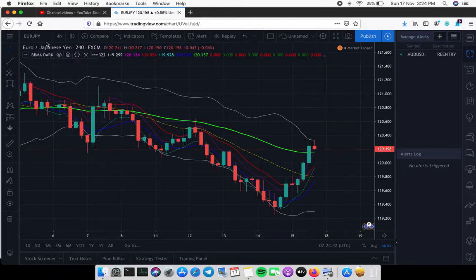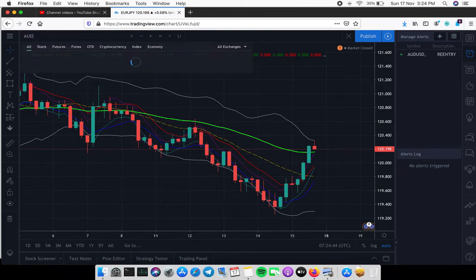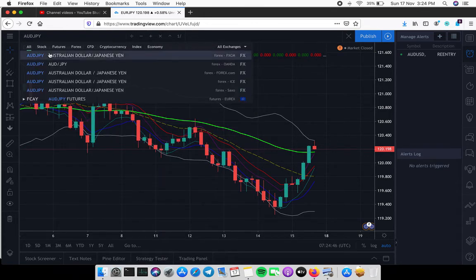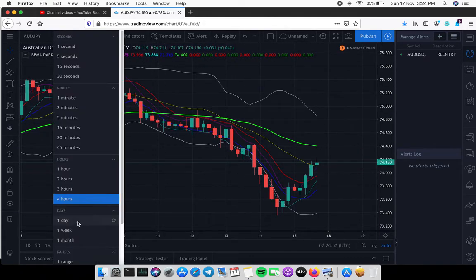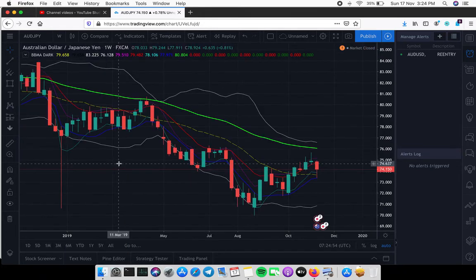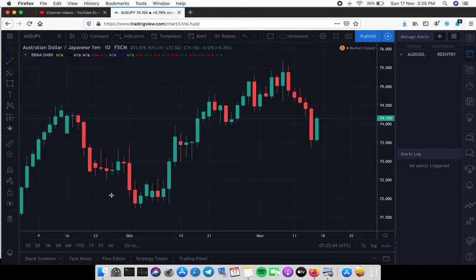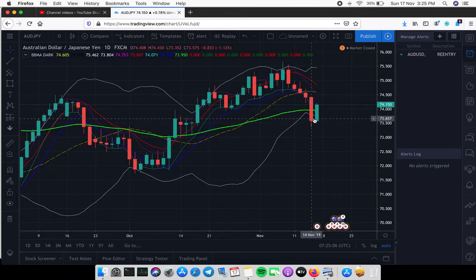Let's look at other pair, AUD JPY. We just need one more pair to look at. Okay, extreme buy. Okay, weekly re-entry buy, almost same like EJ. Daily momentum sell.